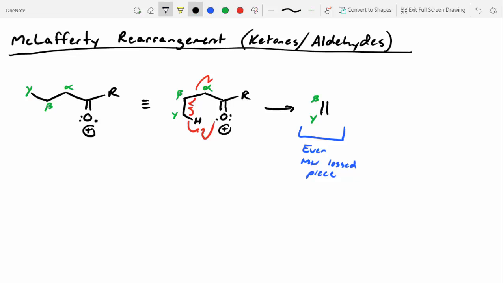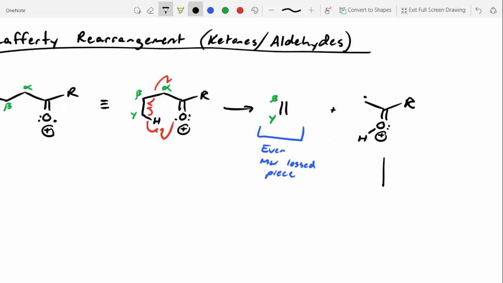Then let's draw our other fragment, that's our cationic fragment. We've got this radical over here. And why is this so stable? Yeah, through resonance. So let's draw the resonance structure.